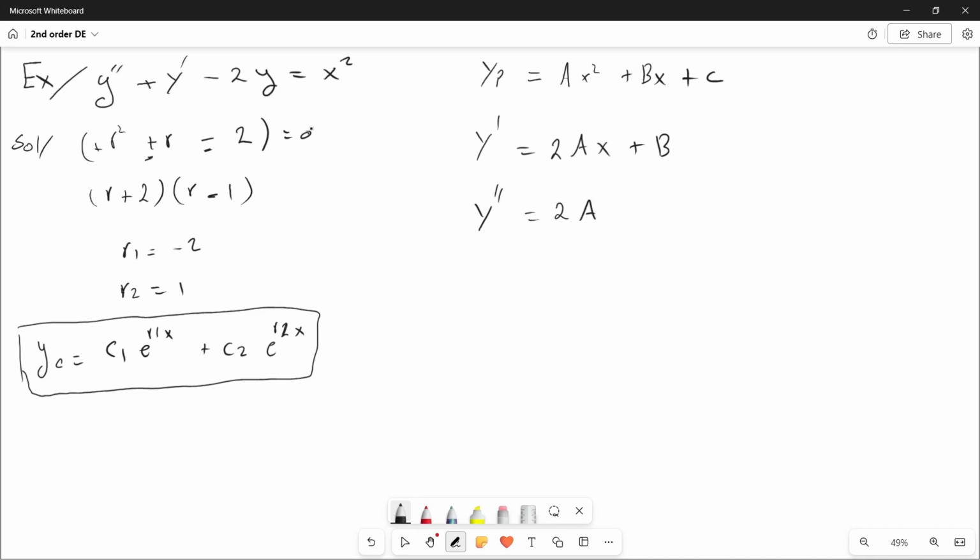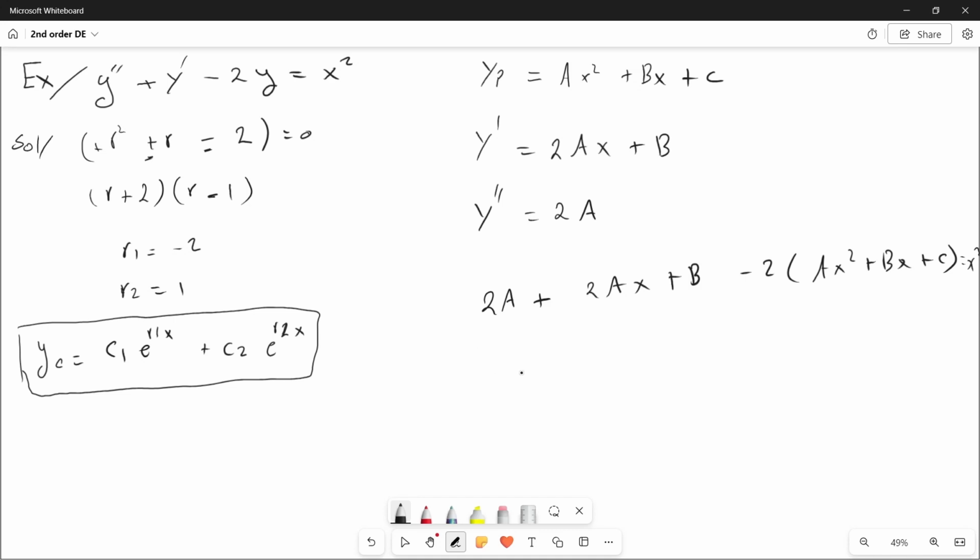Now we substitute them back into our differential equation to find the values of a, b and c. So we have 2a plus 2ax plus b minus 2 multiplied by ax squared plus bx plus c, and that is equal to x squared.